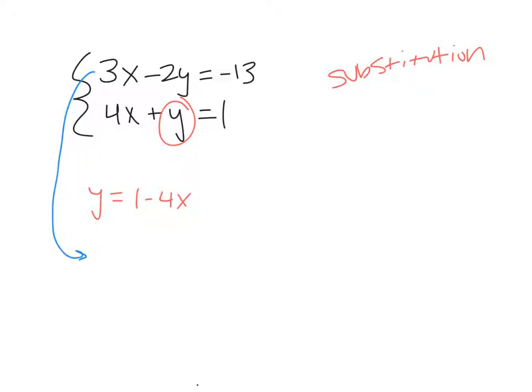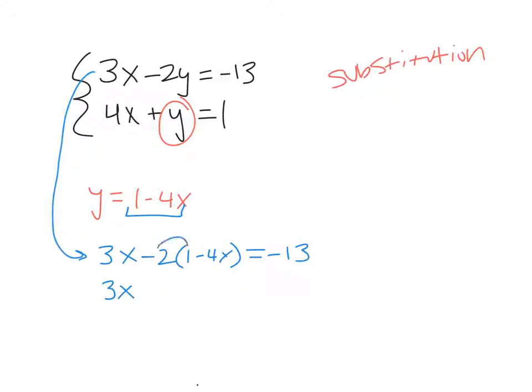And wherever I see a y, so right here, I'm pulling it down, 3x minus 2y, and instead of that y, I'm going to replace it with that 1 minus 4x, because we said they are equal to each other. And so now I have an equation only in terms of one unknown.